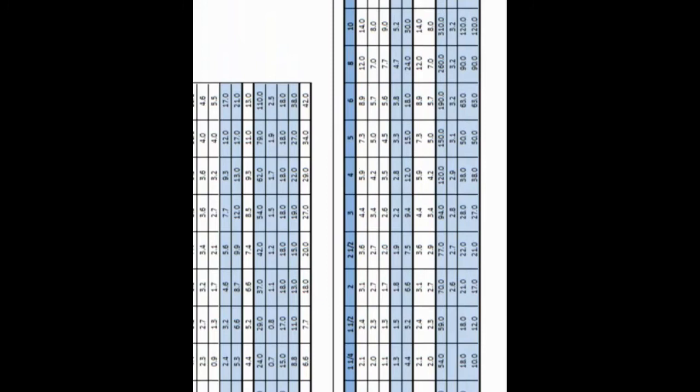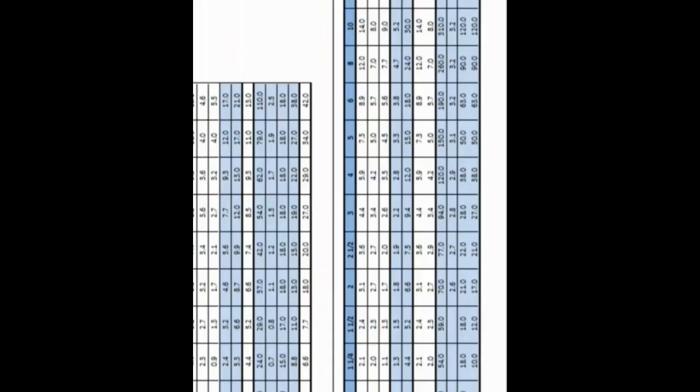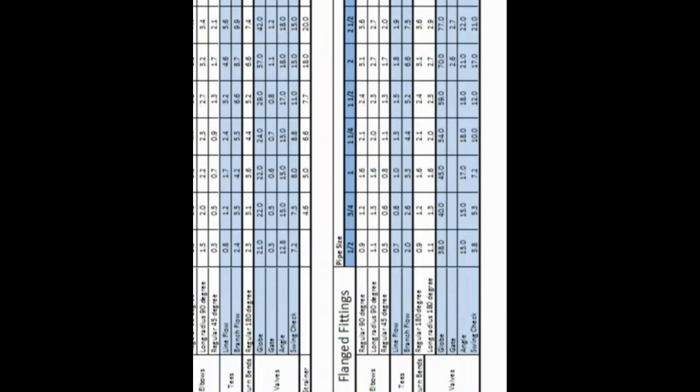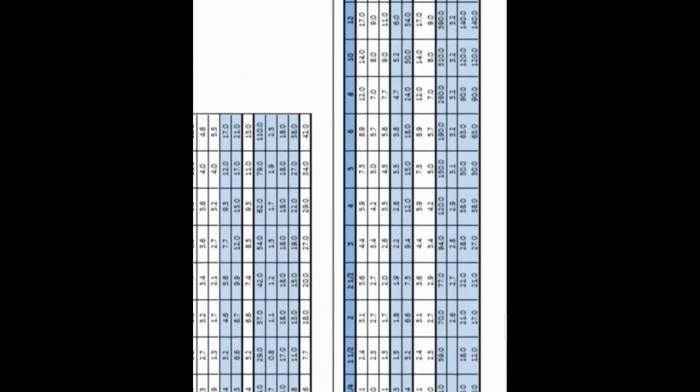You see you have 30 feet right here. All right. So that's 30 feet. And then a gate valve, so that line down there is gate valve, 10-inch. You have 3.2 feet. All right.